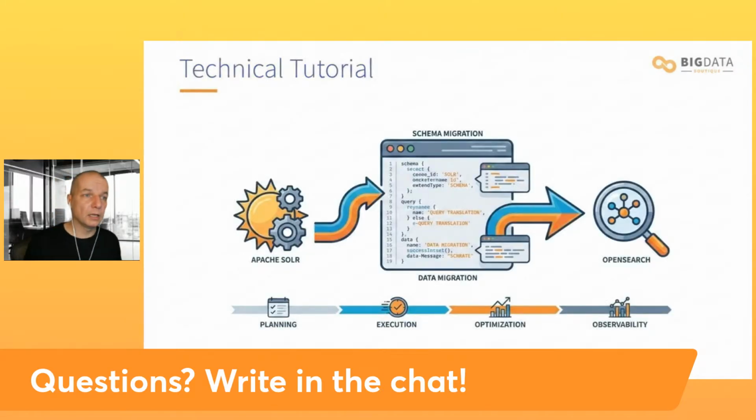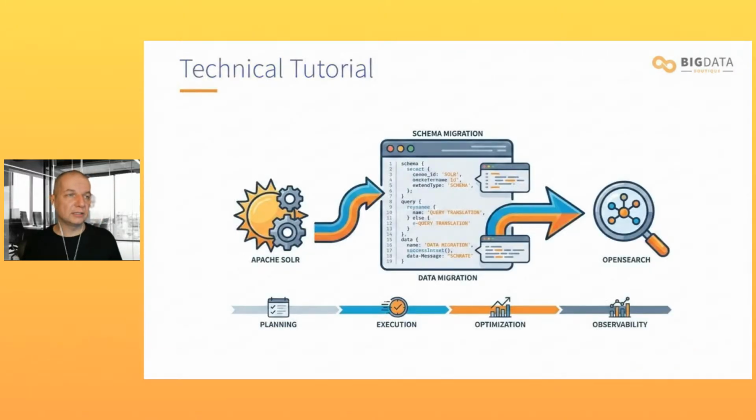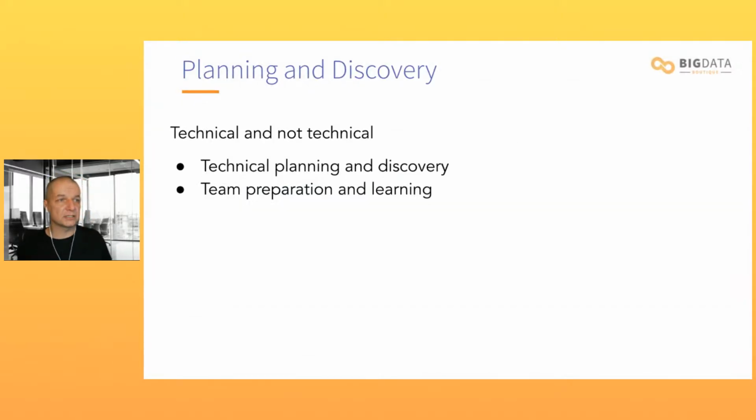So let's get into the technical part of the webinar, so the tutorial on how to do it. First, we have the planning and discovery phase, right? Because we just can't go into the execution without knowing what we actually aim for.